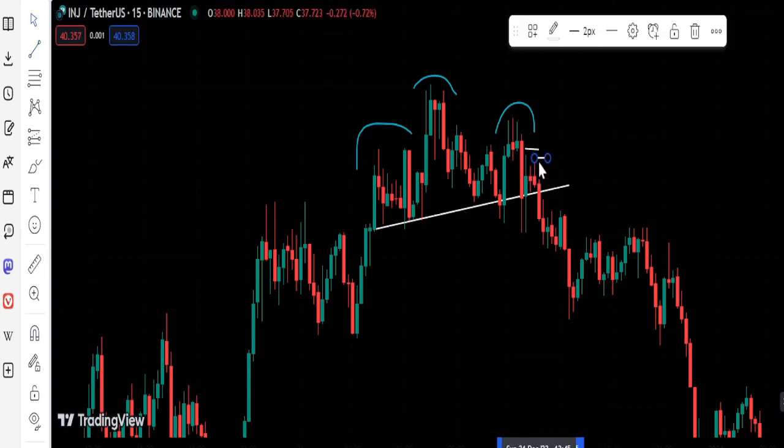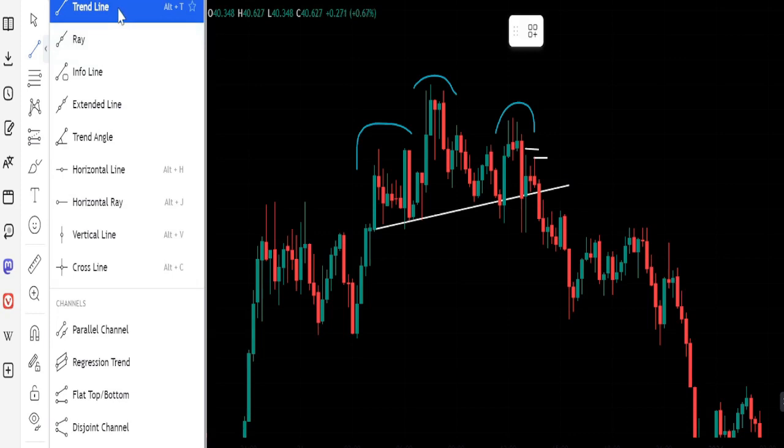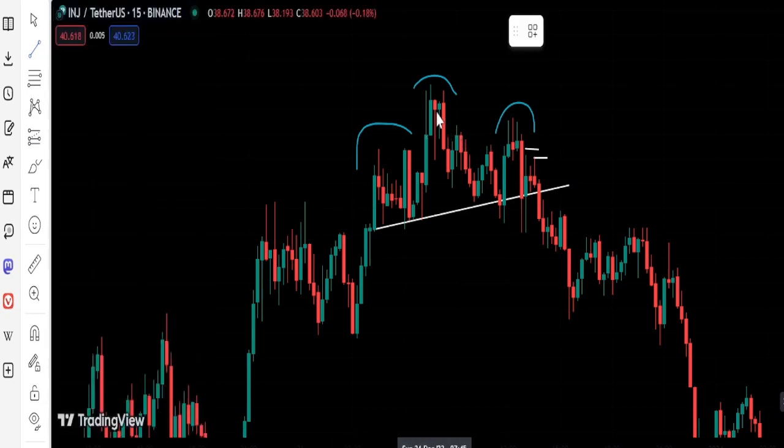So it's always closer to place your order on the retracement as opposed to the breakout, right? Once again, our price target will be the distance from this neckline.